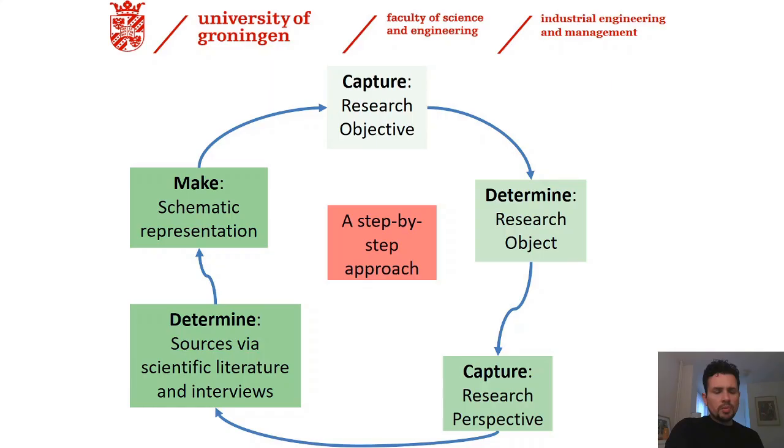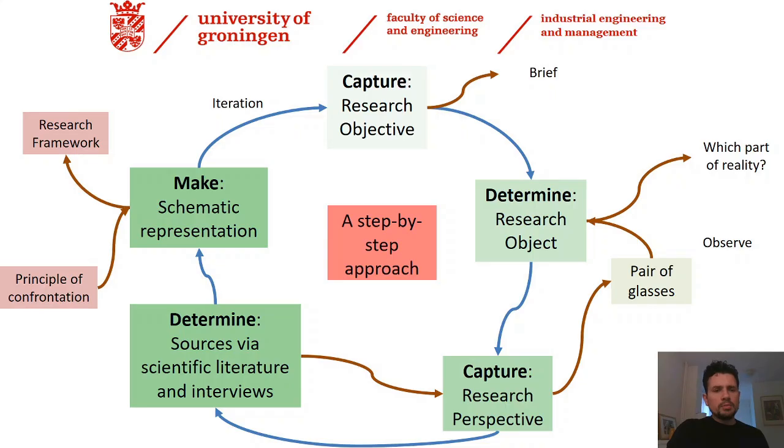That step-by-step approach that should be followed is part of a cycle. It's the one here in the slide. And we should know this cycle before we jump into the schematic representation, into the elaboration of the research framework.